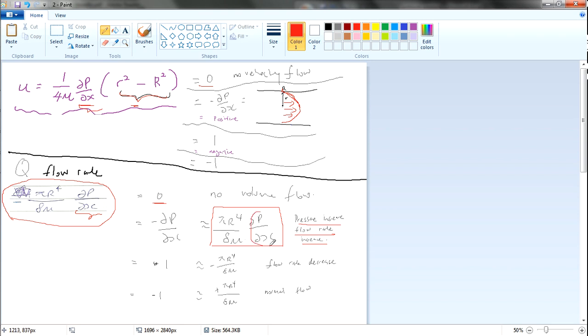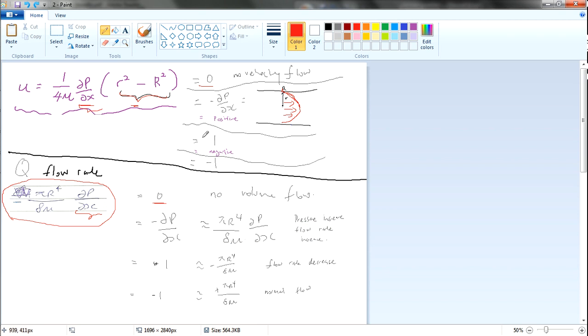Because the partial differentiation is a constant, no, I mean it's a multiplier, it's going to amplify how big this number is. This is always constant. However, when the numbers increase, you're going to increase the volume flow rate into a certain pipe.